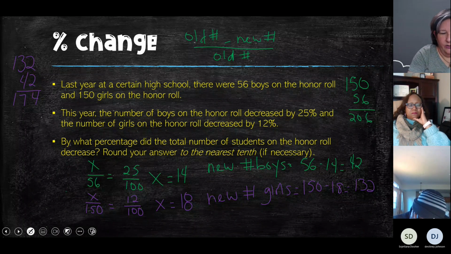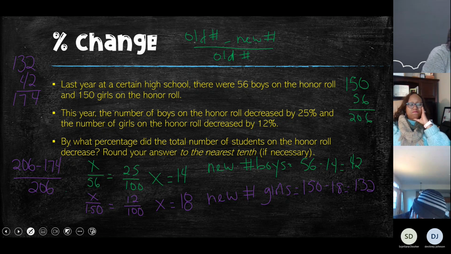So now, I'm going to do it right over here. We're going to take 206, which is the original number, and we're going to subtract the new number and divide by the original number.